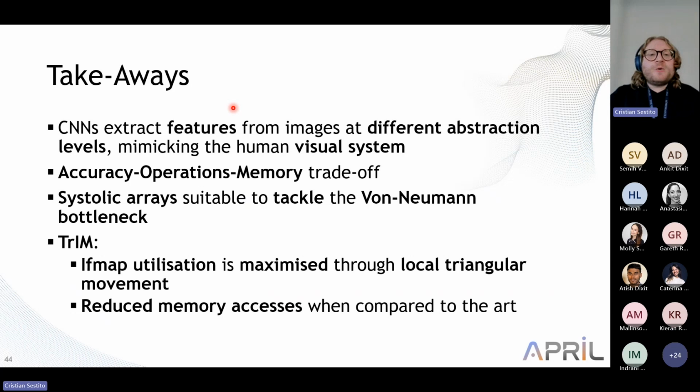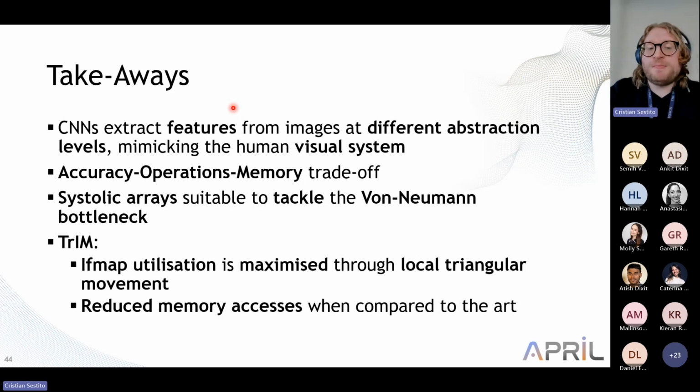But what we always have to keep in mind when dealing with convolution is obviously the accuracy to reach a given target, but also the compromise with the number of operations and the memory requirements to store the set of parameters that allow you to do the real learning. We have demonstrated that systolic arrays are suitable to fit this compromise, especially in terms of memory access, which in the literature is usually defined as the von Neumann bottleneck, the frequent communication between the computing core and the memory.